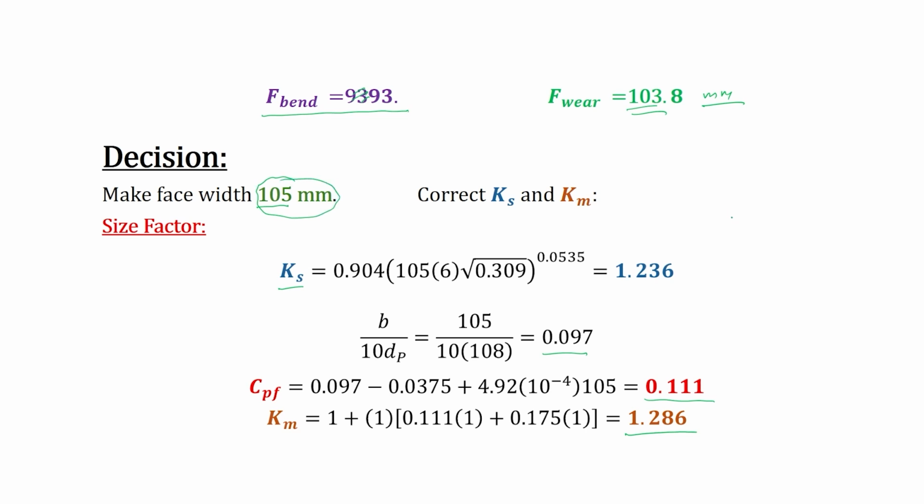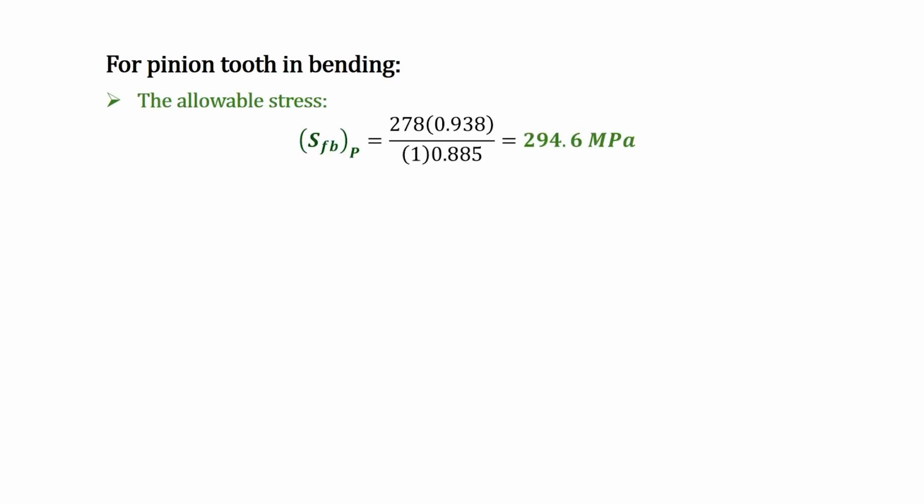will find the sigma b of the pinion, sigma b of the gear, and sigma c of the pinion, sigma c of the gear, and the surface fatigue strength SFC, and the bending fatigue strength SFB. And then the factor of safety will be determined by dividing the strength with the stress. So, those are done in these slides.